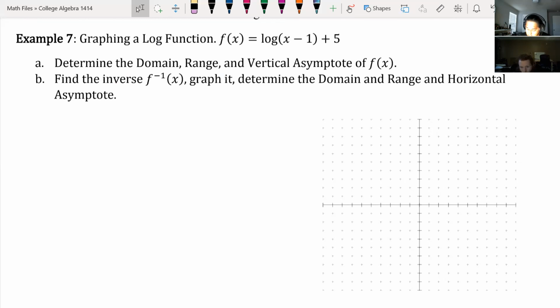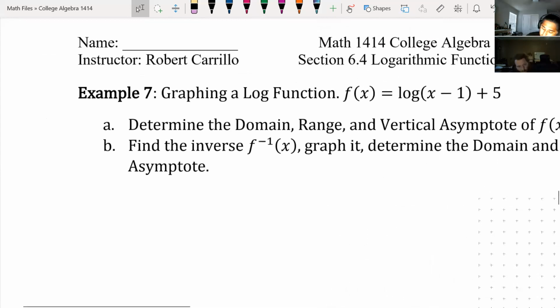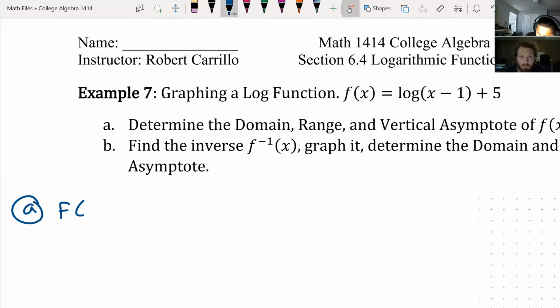Okay, so we will start with our log function. So I'll rewrite it down here. A, we have f of x equals the log of x minus 1 plus 5.